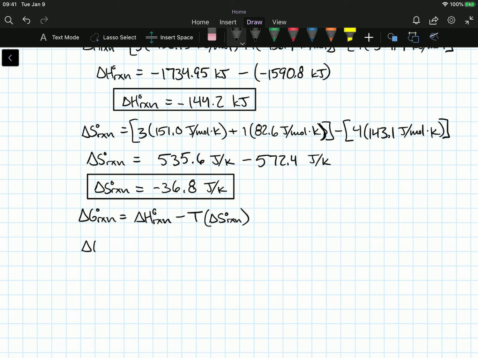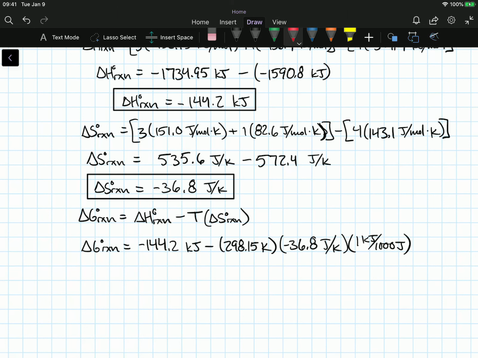So delta G naught of reaction is equal to negative 144.2 kilojoules, as we calculated earlier, minus our 298.15 Kelvin times the negative 36.8 joules per Kelvin, but we also need to convert joules into kilojoules, so for every 1 kilojoule there is 1,000 joules. Let's just go through and double check our units canceling out. Joules cancels joules, Kelvin cancels Kelvin, so we'll get an answer in kilojoules.